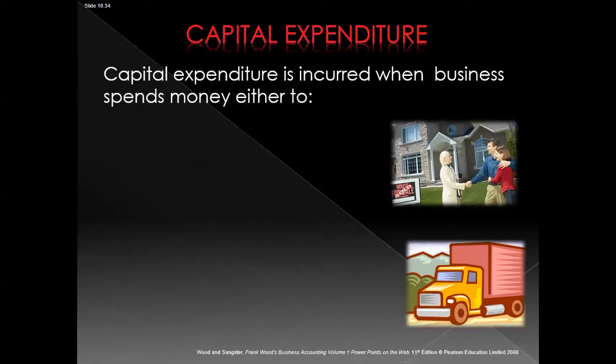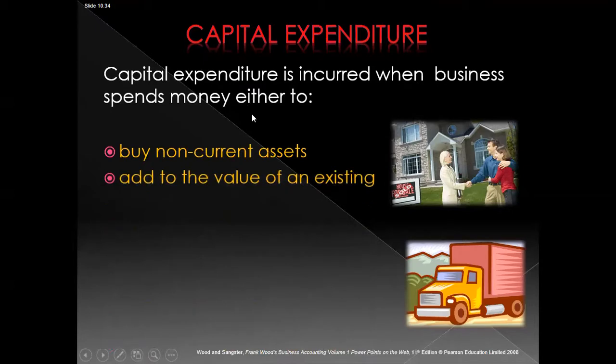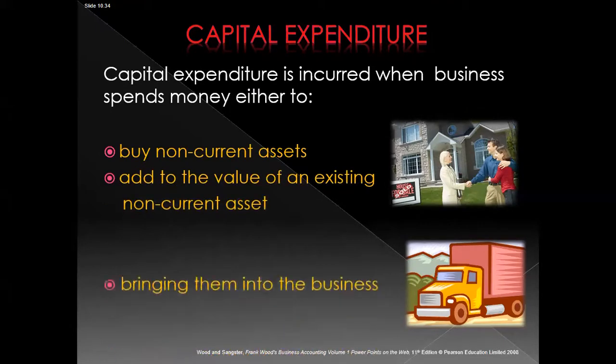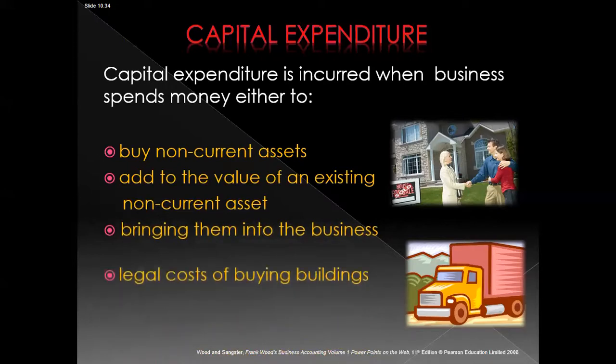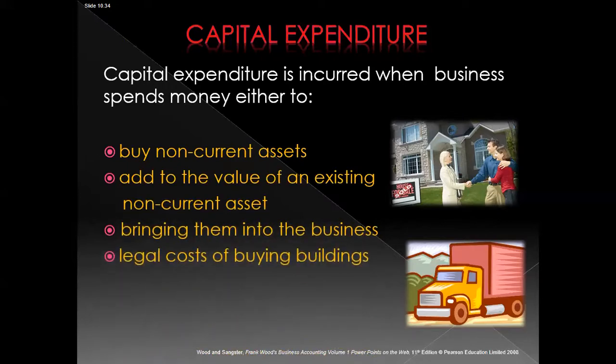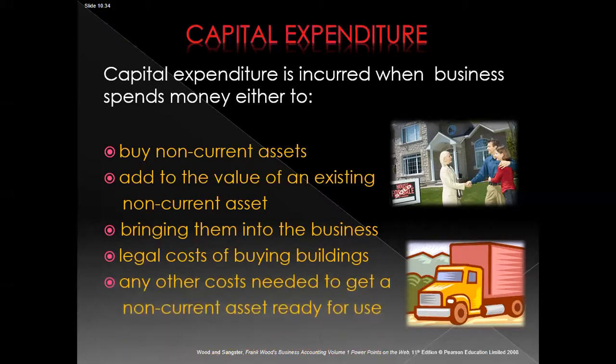What is capital expenditure? Capital expenditure is incurred when the business spends money either to buy a non-current asset, add to the value of an existing non-current asset, bring them into the business, and the legal cost of buying the buildings, plus any other cost needed to get the non-current assets ready for use.